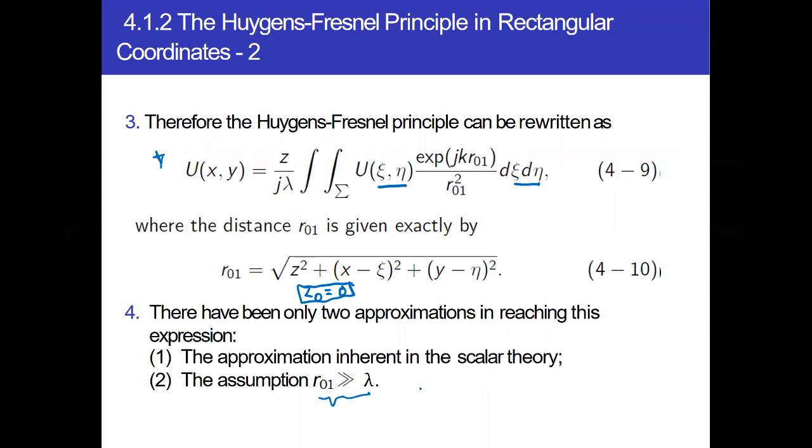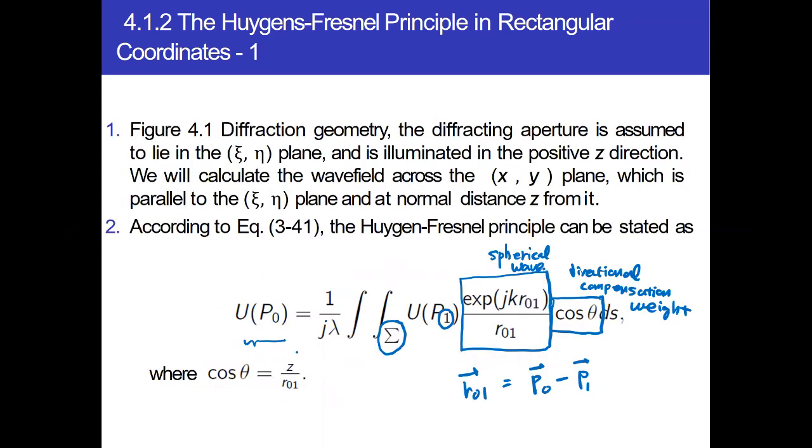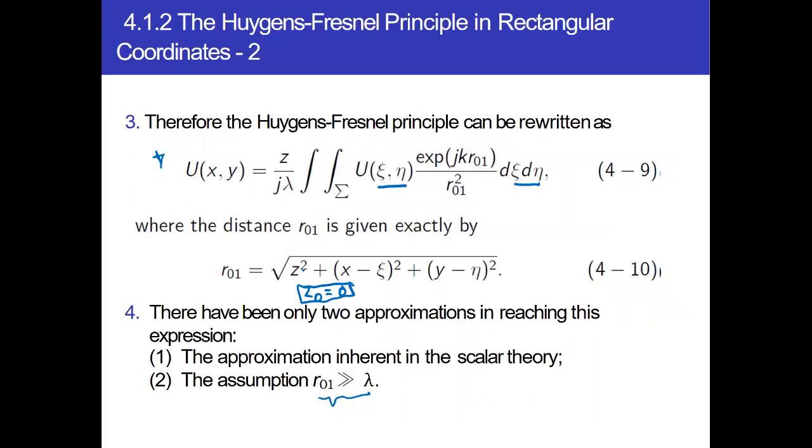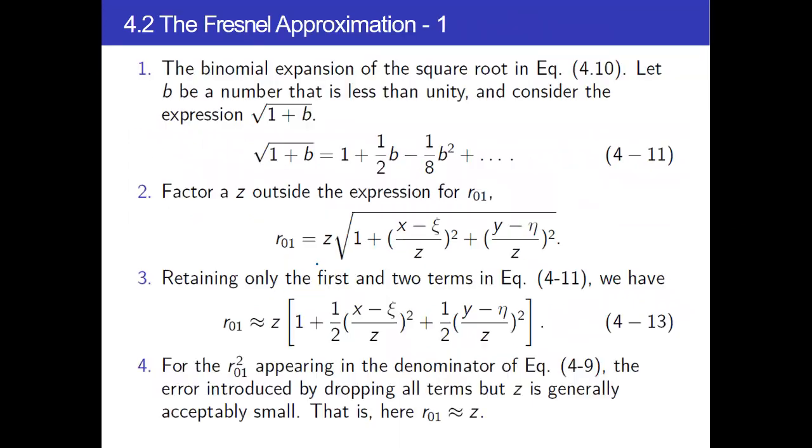And then this part becomes almost 1, okay? And then what we are going to do is that for R01, we take the z squared term out of the square root.